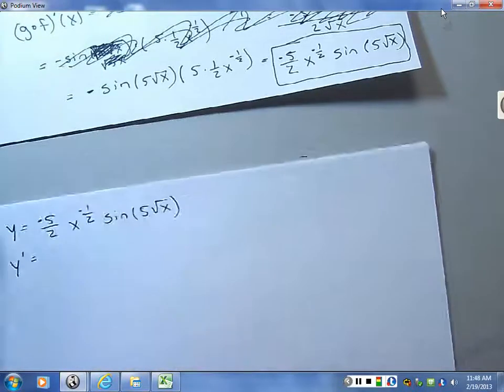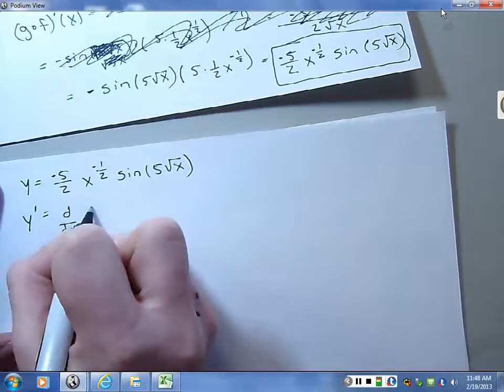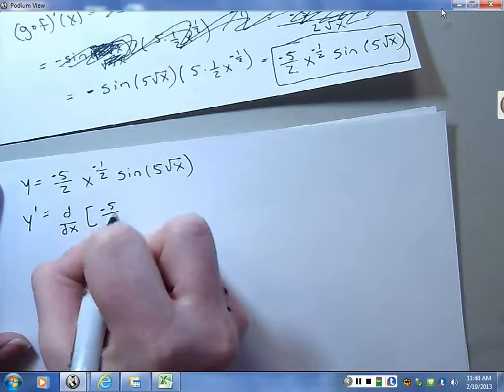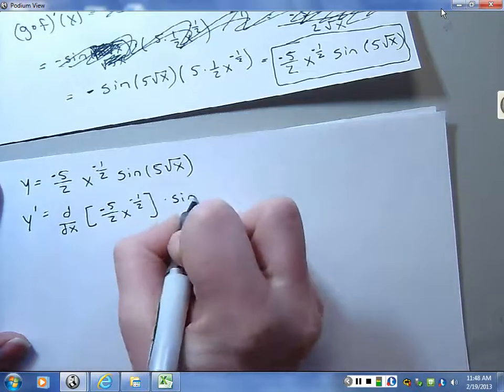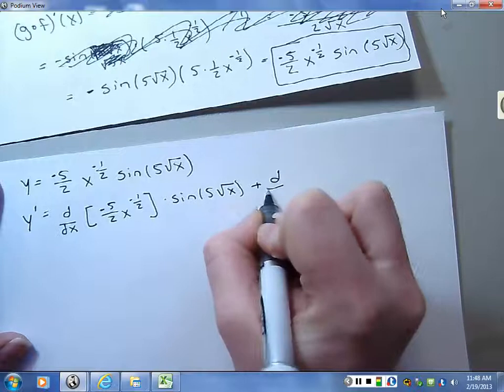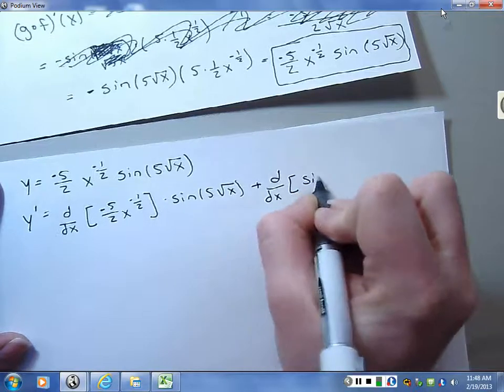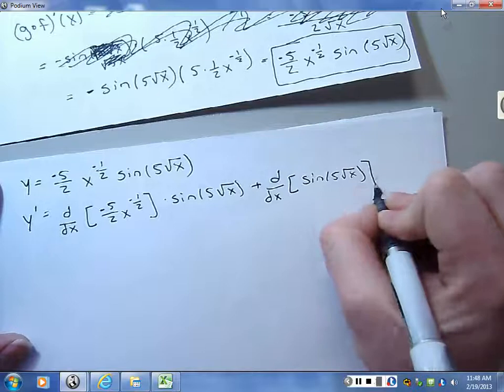Sometimes it's beneficial to write out what we're doing. I'm taking the derivative of the first function, holding the second function, plus the derivative of the second function, holding the first function.